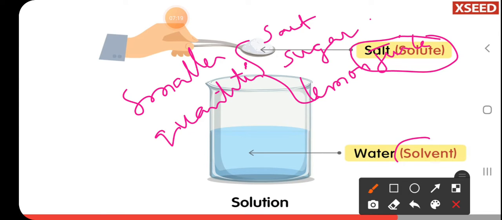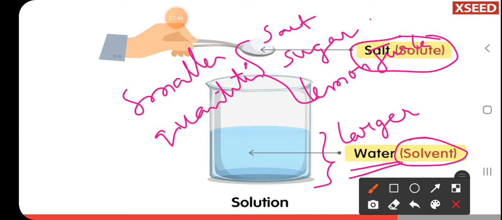Now what are solvents? Things in which the solute dissolves, or which have a dissolving capacity, are called solvents, like water. Water can dissolve most things in it, so we call it the universal solvent. These solvents are always taken in larger quantities.